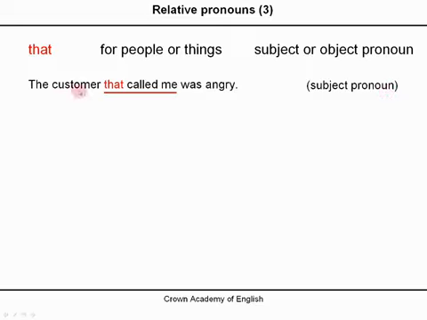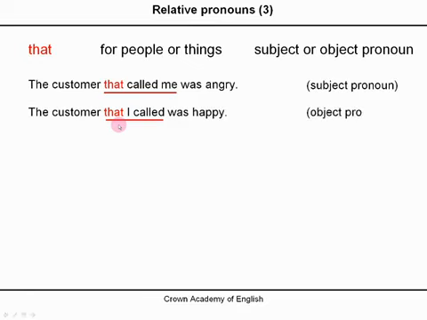We can either say the customer who called me was angry, or the customer that called me was angry. And here we have the word that as an object pronoun referring to a person, the customer. The customer that I called was happy, so I called the customer.